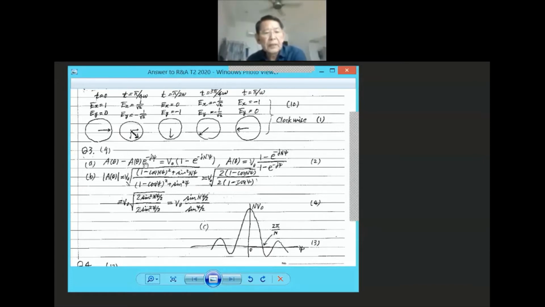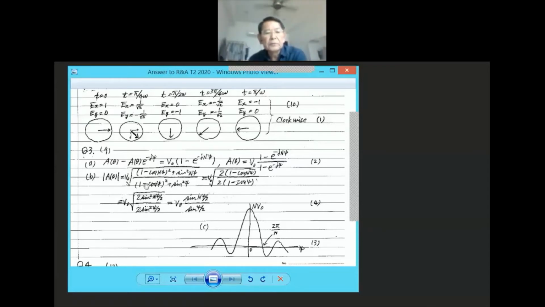So this is A, 1 minus this one, and this one. So A equals the ratio of this one. By calculating this absolute value, the lower part is 1 minus cosine phi plus j sine phi.